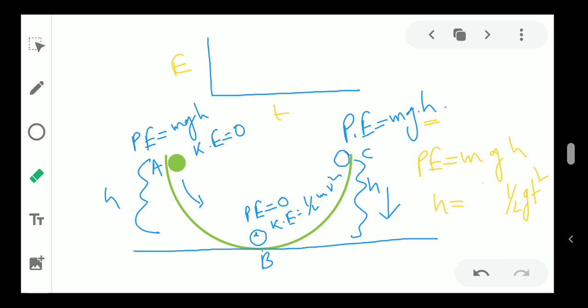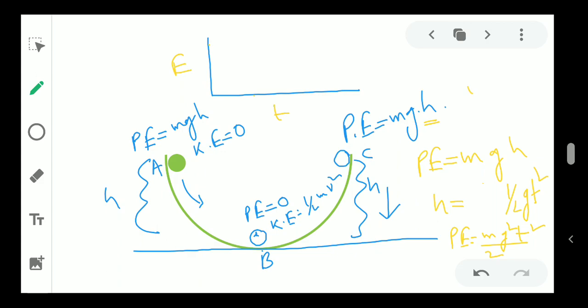If I write PE again, PE is equal to mg times half g t square. So PE is varying with t square, which means it will not be linear, but a parabola. This equation represents a parabola.